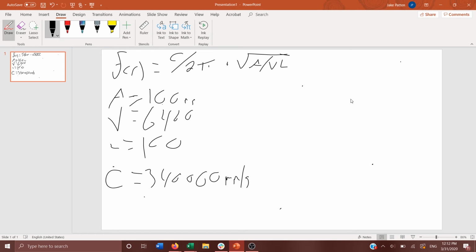When we use 340, then we're using meters. Okay, so we solve this. You just work it through. And you can also use a calculator on the exam, by the way.